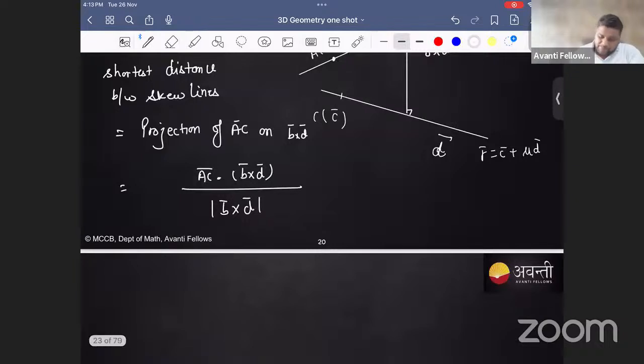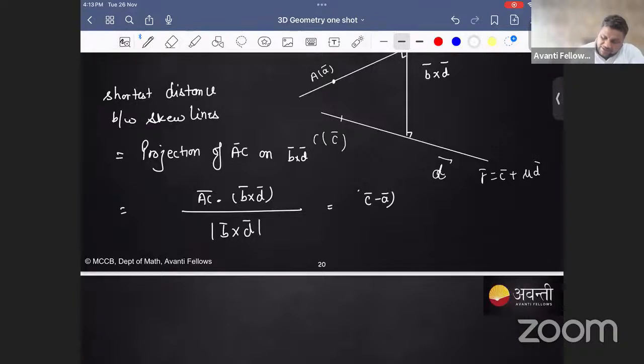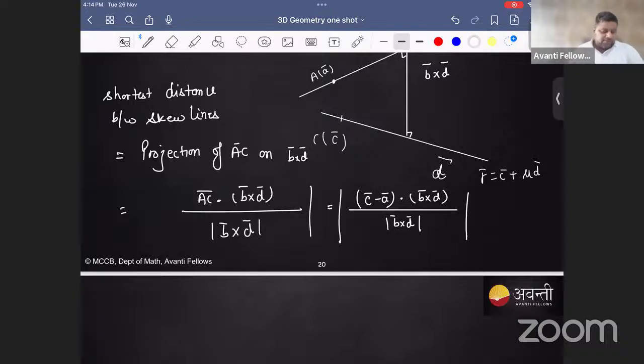magnitude of b cross d. Am I clear? So AC is what? (c minus a) dot (b cross d) upon magnitude of b cross d. And finally we take the mod of this. Why do we take the mod? Because distance is always positive.